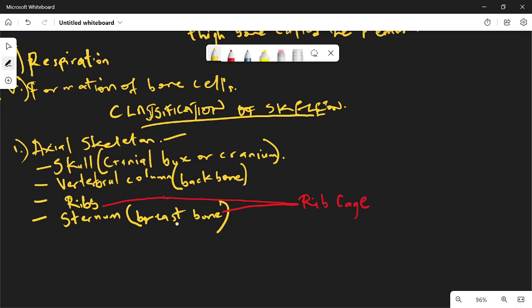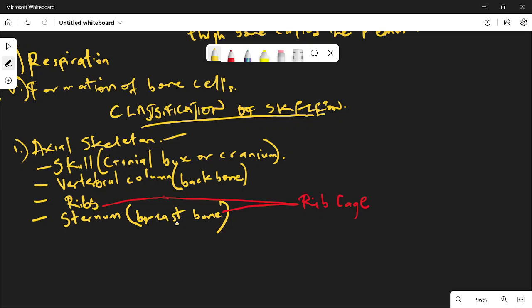From the middle of your neck, in the front part of your body, down in the middle of the ribs, there is a flat bone. That is what we refer to as the breastbone. Are we together? And then we have the vertebral column, the bones down our spine. The bones on the backbone are referred to as the vertebral column. So all of these bones make up the axial skeleton.